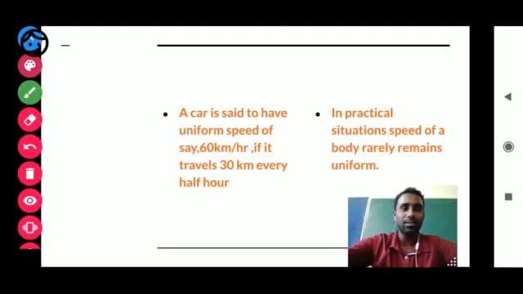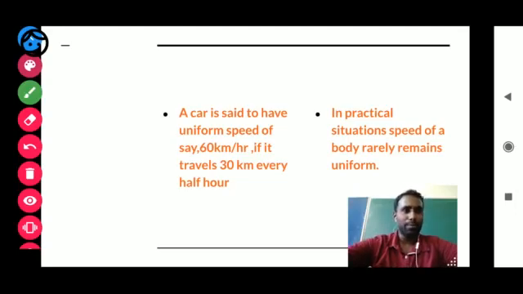Exactly. And in 15 minutes, how many kilometers? Exactly half of 30 kilometers. Likewise it will go. So 60 kilometers in 1 hour, next hour 120 kilometers totally, next hour 180 kilometers totally. In this manner, equal distance is covered in equal intervals of time. So this is called uniform motion.